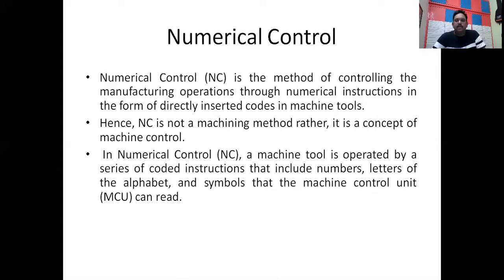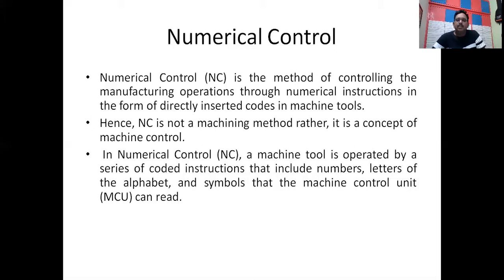In numerical control, a machine tool is operated by a series of coded instructions that include numbers, letters of the alphabet, and symbols that the machine control unit can read.